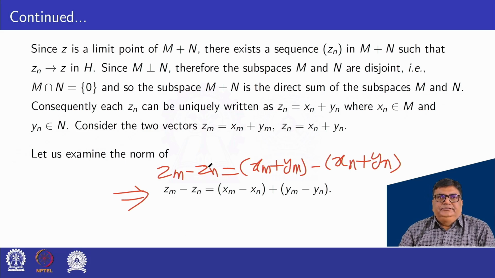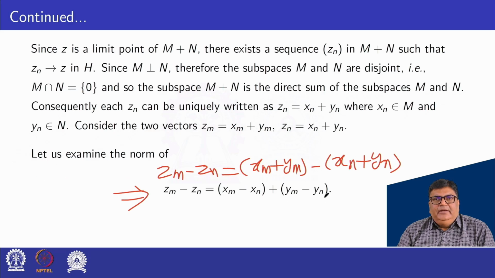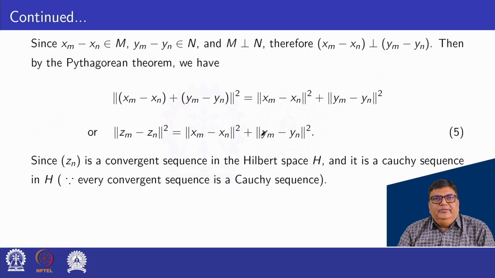Since Xm minus Xn is an element of M and Ym minus Yn is an element of N and M is perpendicular to N, therefore Xm minus Xn is perpendicular to Ym minus Yn.